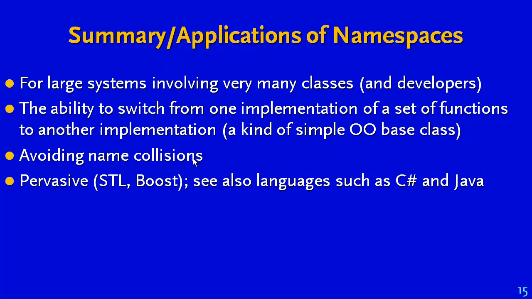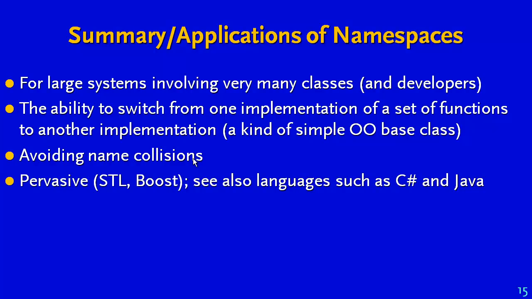Large systems have very many classes, of course, and many developers as well. We want to be able to define a namespace to structure our life. Namespaces can also be nested. You can have sub namespaces, and there are three different ways to use a namespace, which we've talked about.